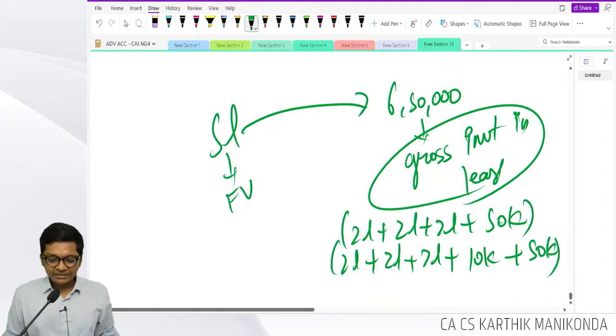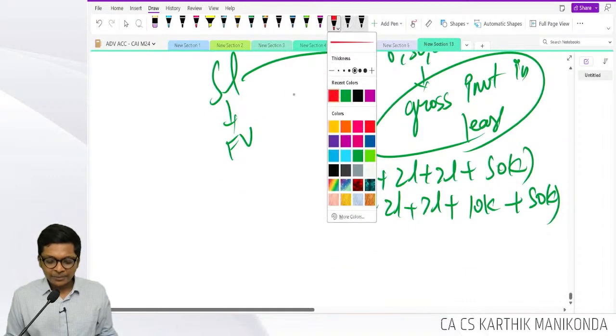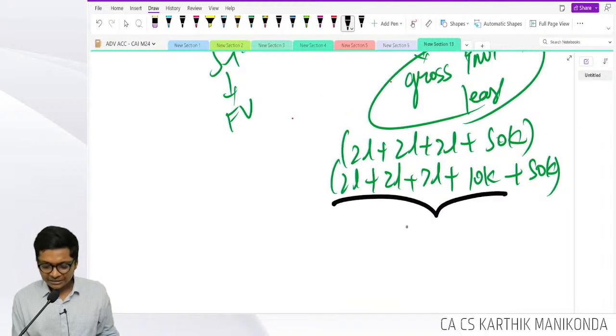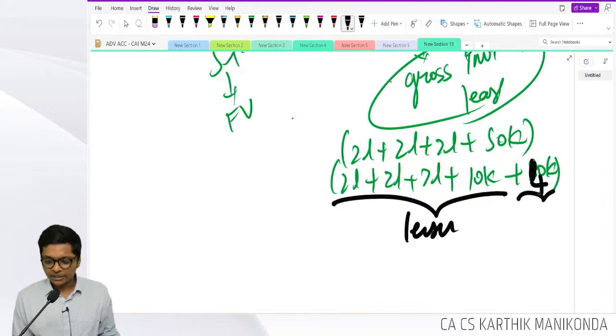Who pays this 10,000? Lessee. The 40,000, if lessee doesn't pay, only then I will get that, correct? So 10 plus 40. 50 is broken down into 10 and 40.